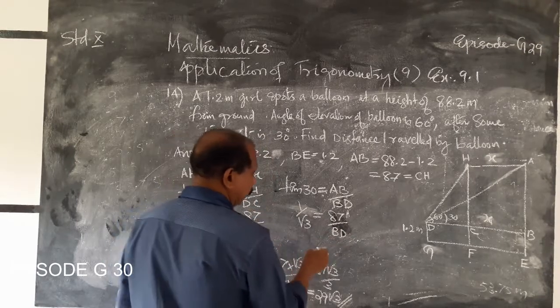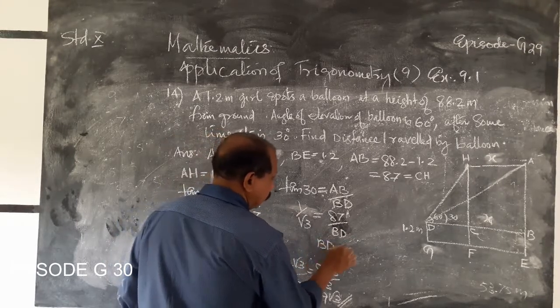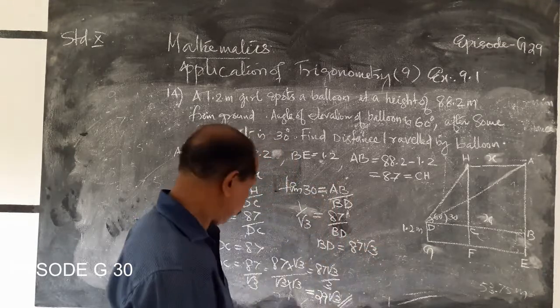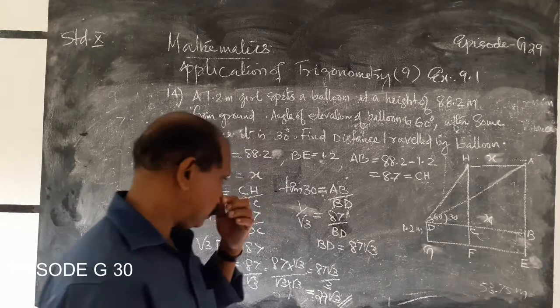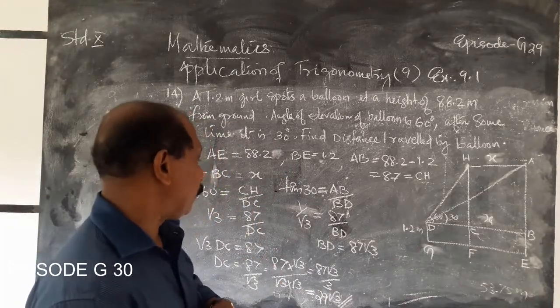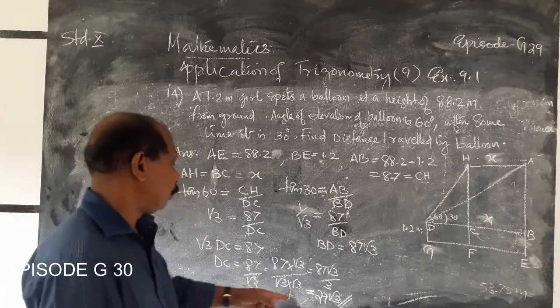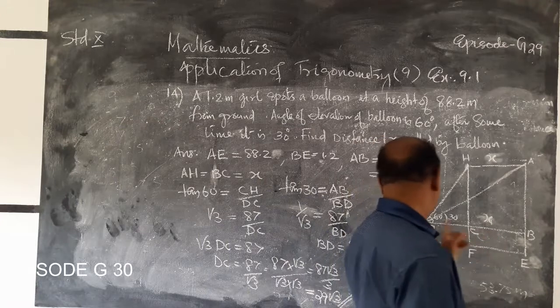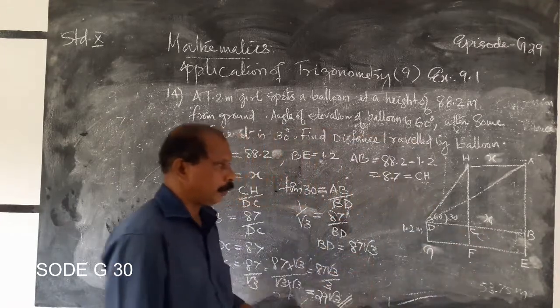Cross multiplication, BD is equal to 87 root 3. Clear? From the first figure, CD is equal to 29 root 3. From the second figure, BD is equal to 87 root 3.